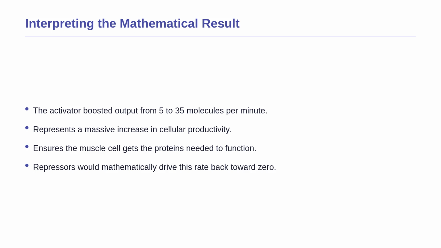This massive increase ensures that the muscle cell gets the large amount of proteins it needs to contract and function efficiently. It is also worth noting that if a repressor were to bind to a silencer instead, it would mathematically drive this rate down, pushing it below the basal level and toward zero, effectively silencing the gene.